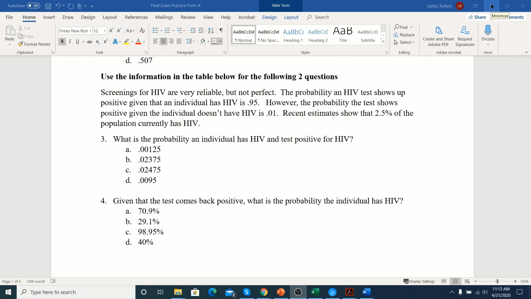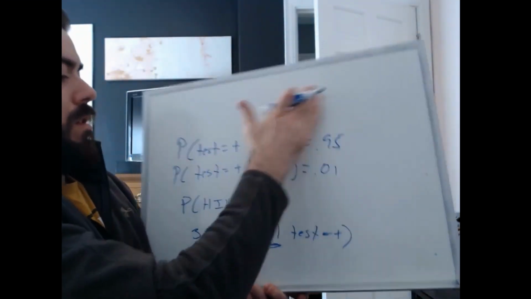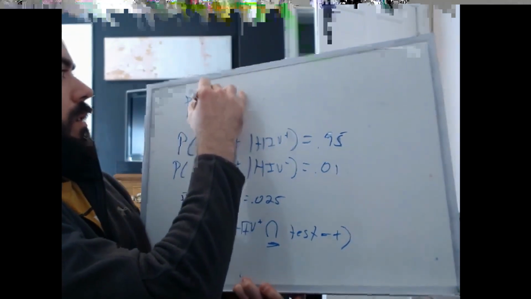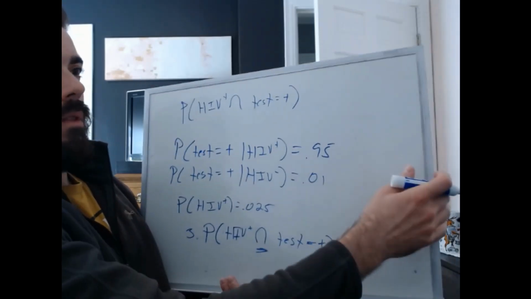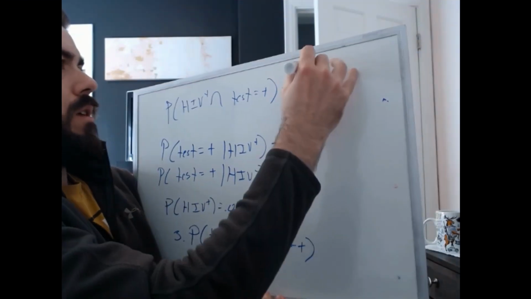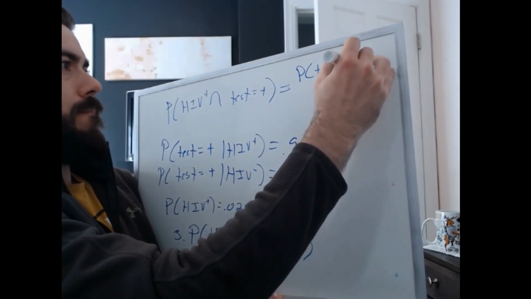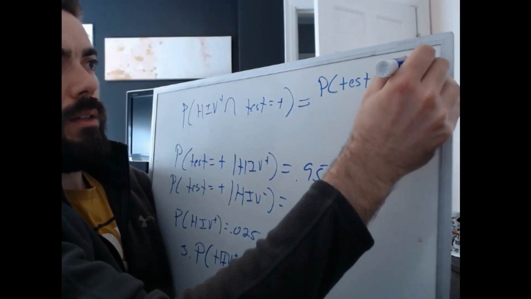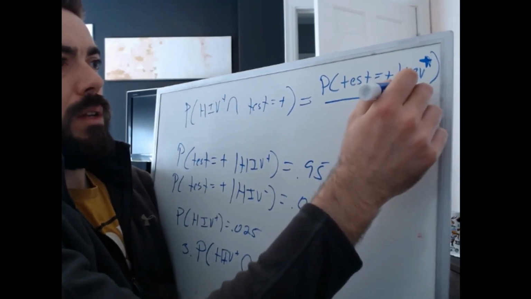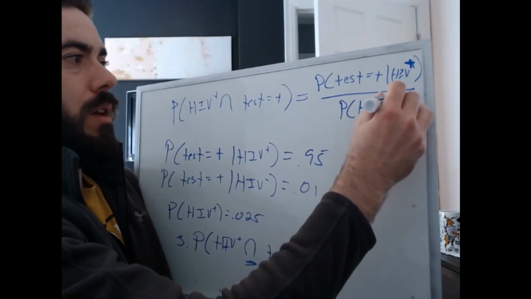So I know I can rewrite this as the probability that this one's HIV positive and the test comes back positive is the probability of the test coming back positive given a person has HIV, divided by whatever I'm conditioning on, which is the probability that someone is HIV positive.